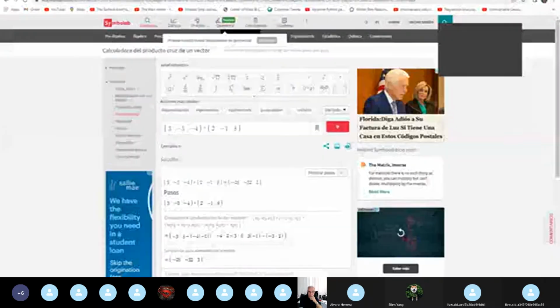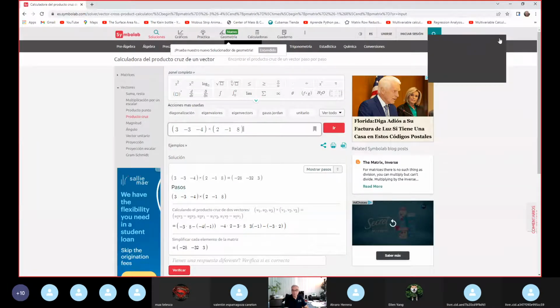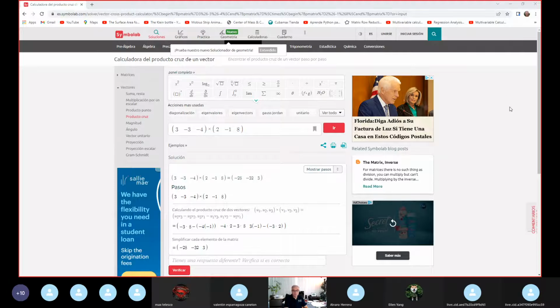Now let me see. Do you see Symbolab? Yes. Okay. Because I'm going to save time, I select vectors, the section for the matrix, the section with the vectors. Here I put the numbers.